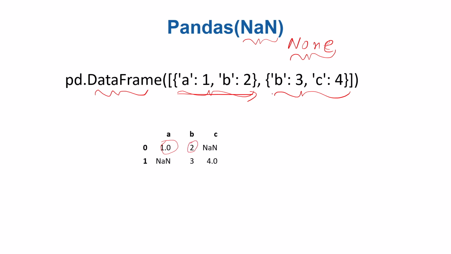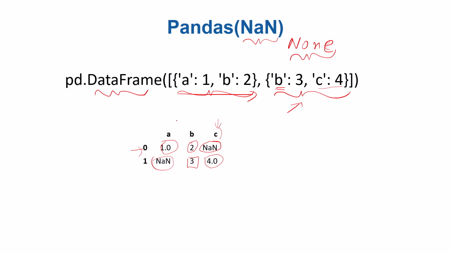Now let's say we want to insert another record in the same data frame. The value of B is available, which is 3, and the value of C is available, which is 4, which means a C column is added now. But for C, the first row value is not available, so we say this value is missing. Similarly, the value of A is missing for the second row. That is a missing value, sometimes called NaN.